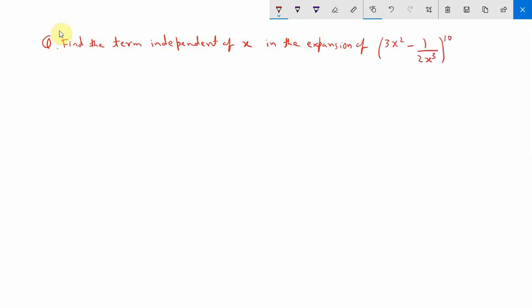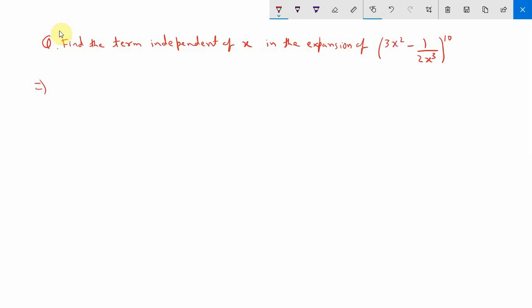Find the term independent of x in the expansion of 3x square minus 1 by 2x cube to the power 10. Okay, so we have to find the term independent of x.